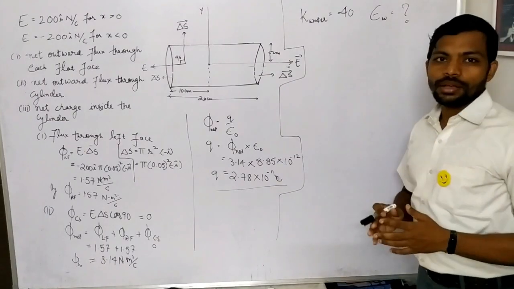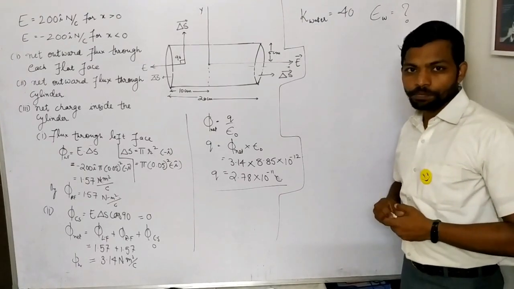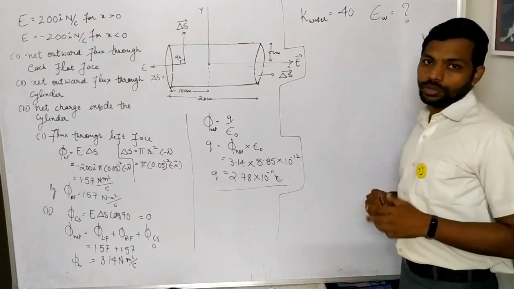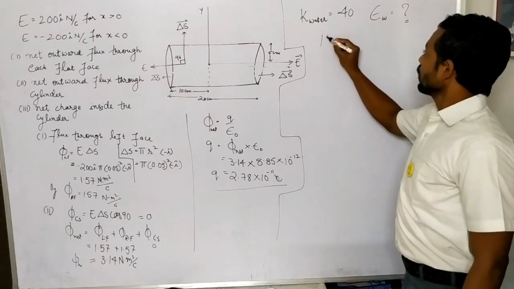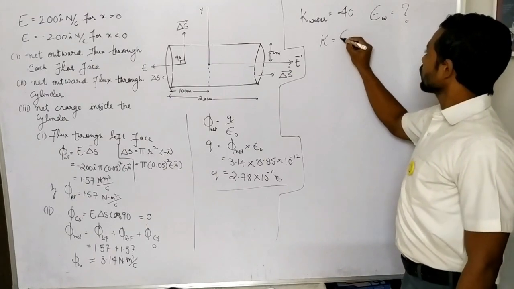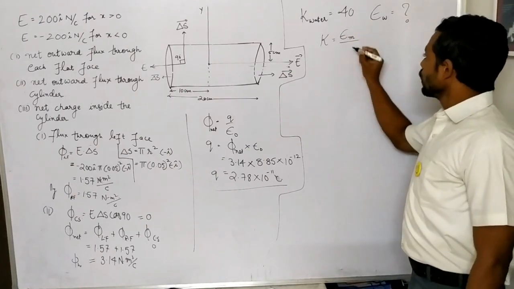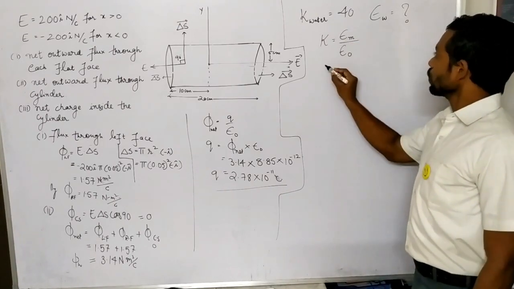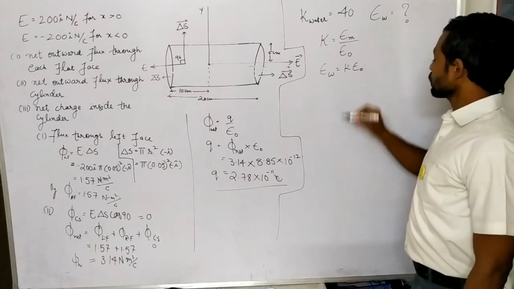Friends, in this sum, they are given the dielectric constant for water is 40. We are supposed to find out the electrical permittivity in the water. So we know that dielectric constant is given by electrical permittivity in the medium to electrical permittivity in vacuum. So epsilon W is equal to K epsilon naught.